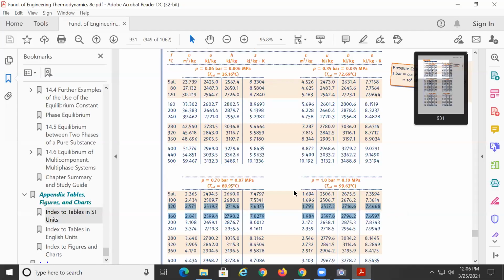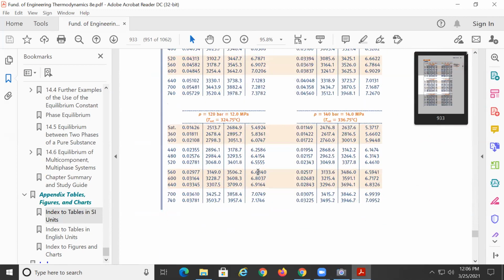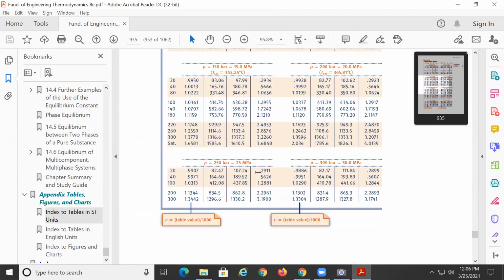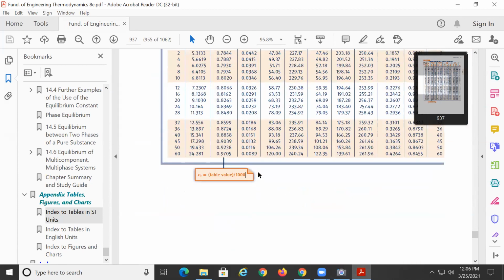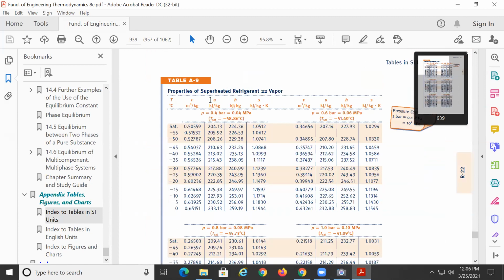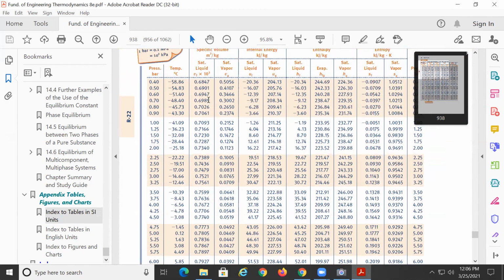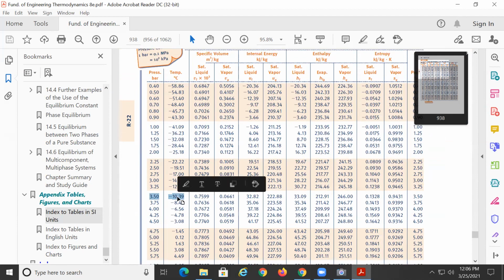So we go here. I have no idea which one is the page for R22. There we go, R22. So let's see. What are the two pressures we have? 3.5. What is the saturation temperature?